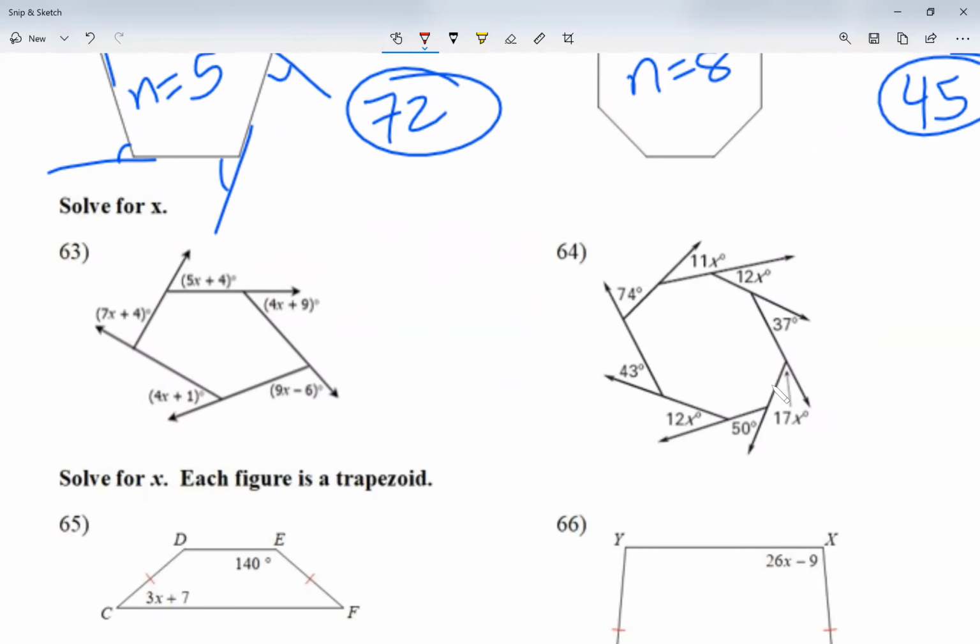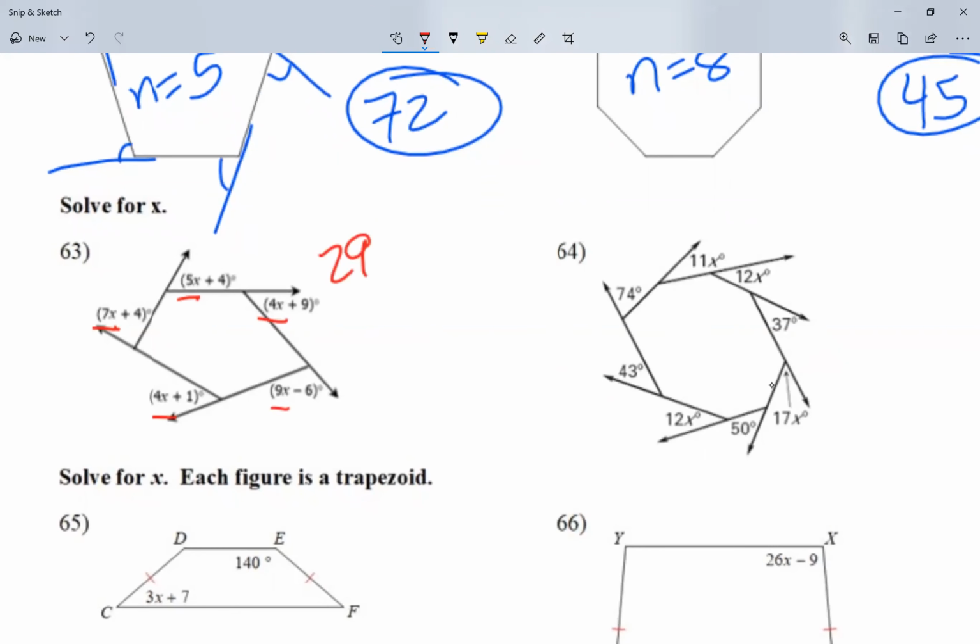I know when I'm adding all my angles, in this case, all my statements here, let me combine my like terms, right? That's what adding means. So when it comes to letters, I have 7x plus 5x plus 4x plus 4x plus 9x. Let's see, that happens to be 29.